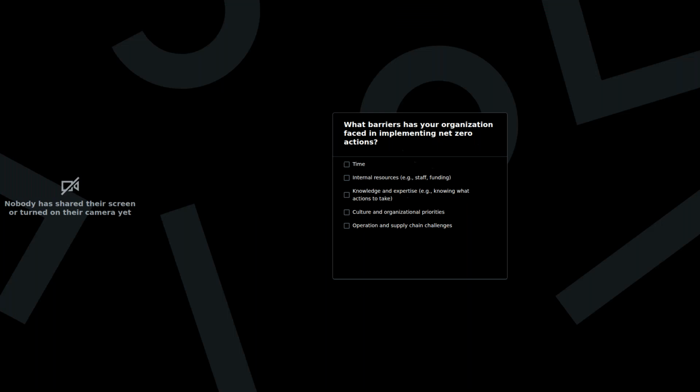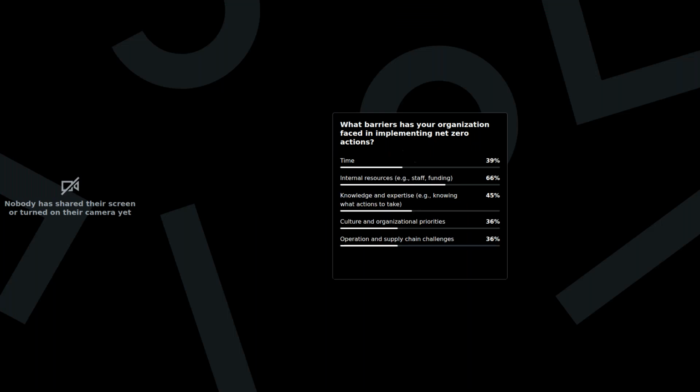One of the big things I always say around knowledge and expertise, I just want to start with that one, is a lot of this is a lot easier than it feels. It's not necessarily about you being the expert in energy efficiencies. It's around finding either the resources that are available or a partner who does.